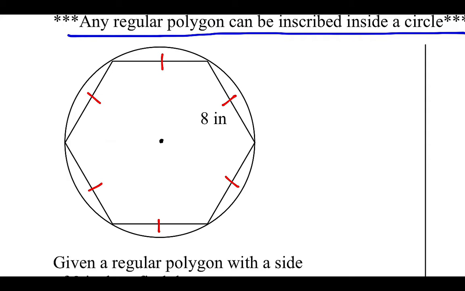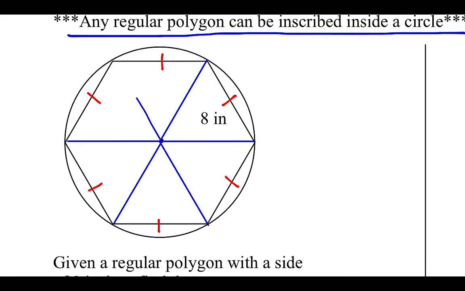The reason I'm not going to do that is because it's going to be very specific to the hexagon. What I'm going to do instead is think, if I just started at the center of my hexagon, which is also the center of the circle, and I just draw out to each of these points of the hexagon, basically cutting this like a circle into pieces of a pie. What I notice right away is this.